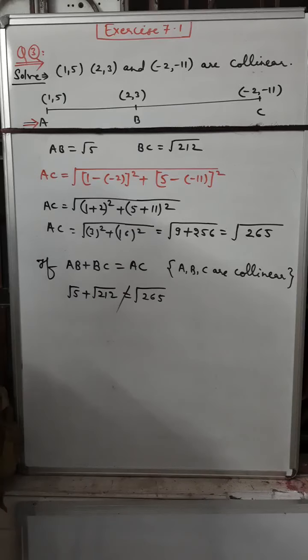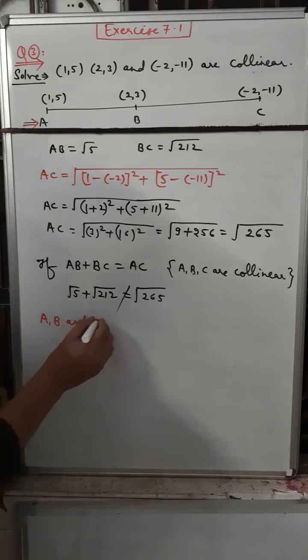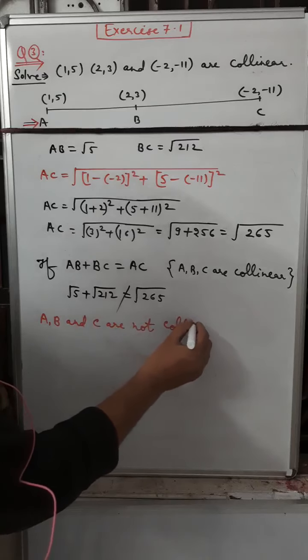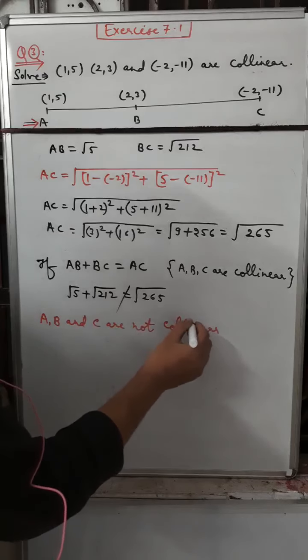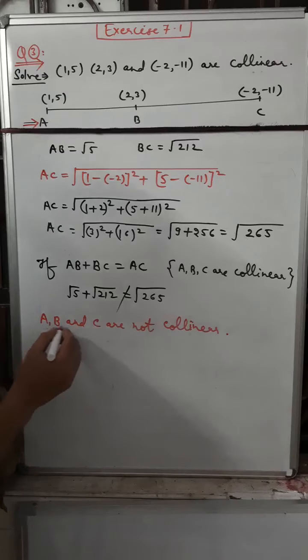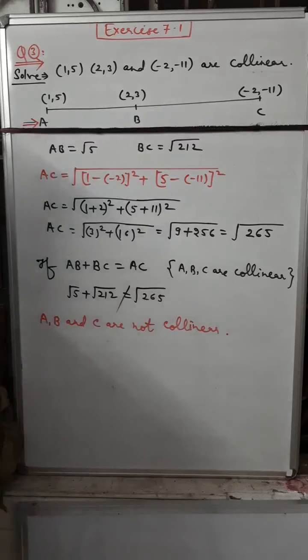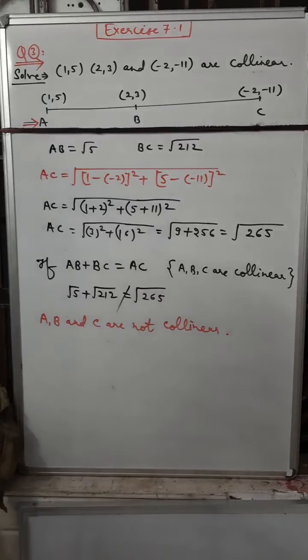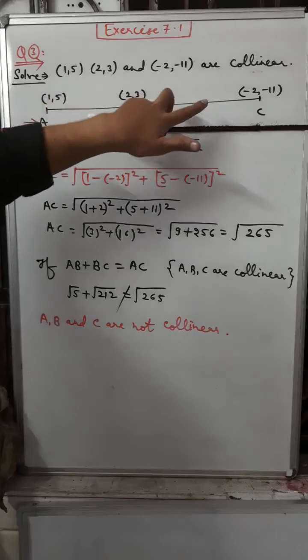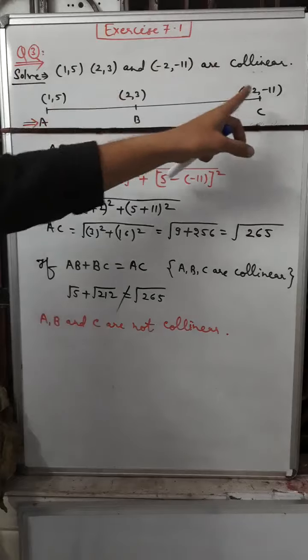So what can we say? Here we can say A, B and C are not collinear. So we can say that A, B, C are not situated in the same straight line. So first thing, we have to find out the length of one part, the length of the other part, then the complete length.